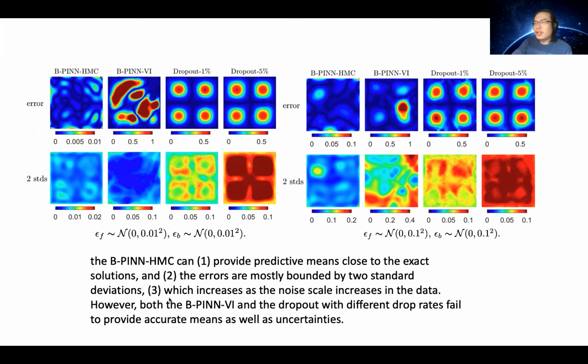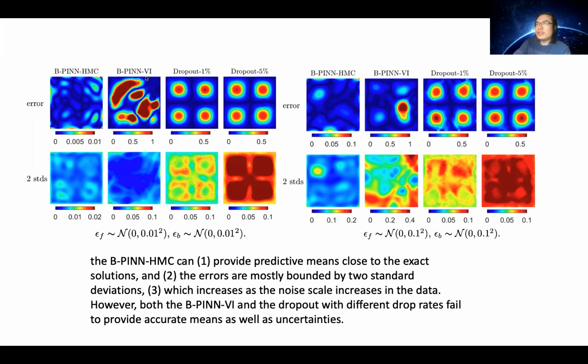Thirdly, if we increase the noise from 1% to 10%, the error increases by maybe 10 times, but the standard deviation also increases by 10 times. So the uncertainty given by the standard deviation also increases as the noise scale in the data increases. We conclude that the uncertainty given by the standard deviation is totally reasonable.